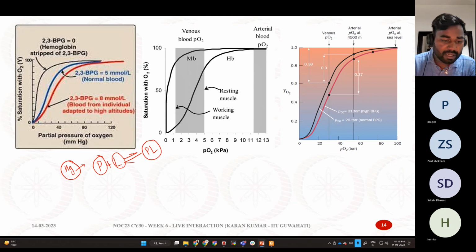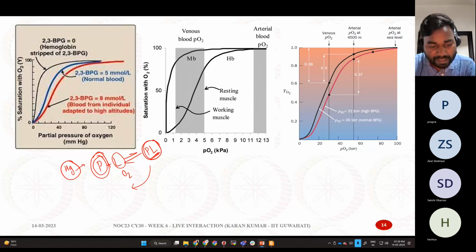But the ligand, oxygen, is already lower when you are at altitude. Then you want to shift this to the lower side. What will you suggest? Will you lower the concentration of hemoglobin? No, because these proteins will be required at a later stage.